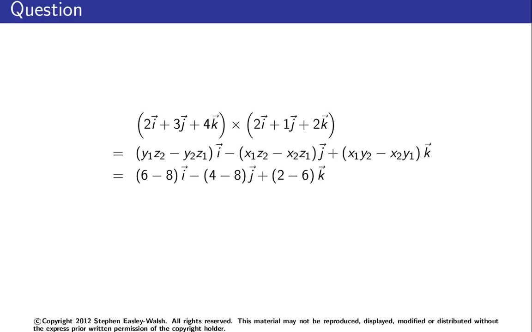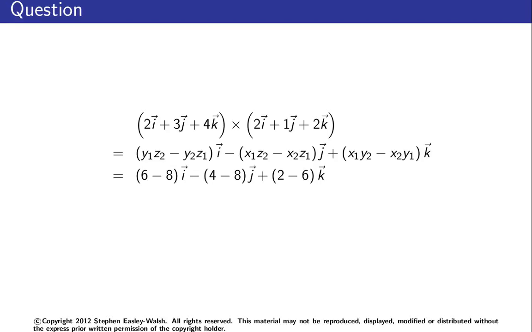And then the next one is 2 times 2, which is 4, minus 4 times 2, which is 8. Yes, that one's right. And then the last one is 2 times 1, which is 2, minus 3 times 2, which is 6. So that one's right. Sorry, I made a little bit of a typing mistake. I'm pretty sure that should be a 6 minus 4 at the start, not a 6 minus 8.